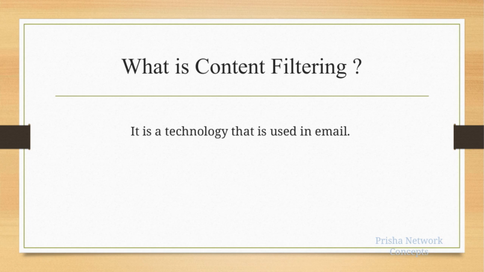The main idea is to ensure that only safe and relevant emails reach our inboxes. Content filtering is essential because it protects users from security threats and keeps our email environment clean. As we continue, you'll see how this concept connects to the overall theme of network security and efficient communication.